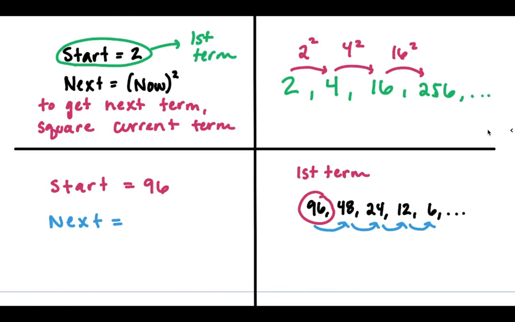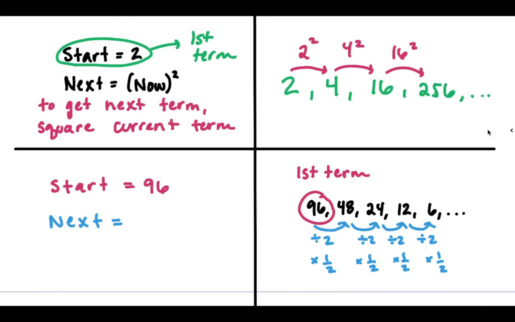So we might notice it over in this group, divide by 2, divide by 2, and that works over here as well. 48 divided by 2 is 24, 96 divided by 2 is 48. So we could think of this as divide by 2. We could also think of it as multiplying by a fraction. So we could also think of this as times 1/2. And both ways of thinking about it are fine. So if we think about it as divide by 2, let's write that as our rule.